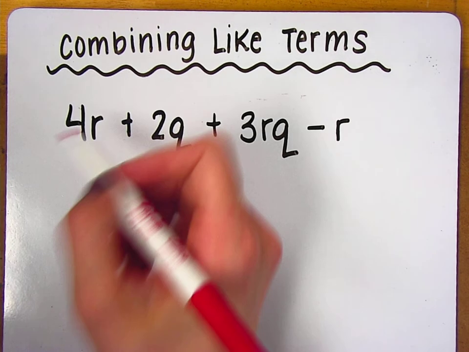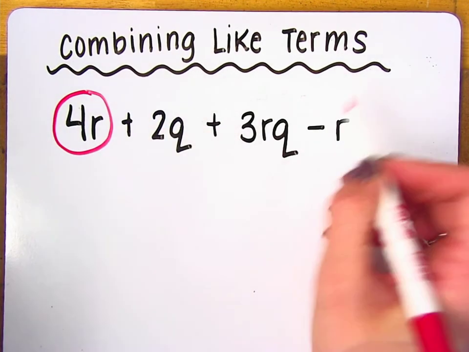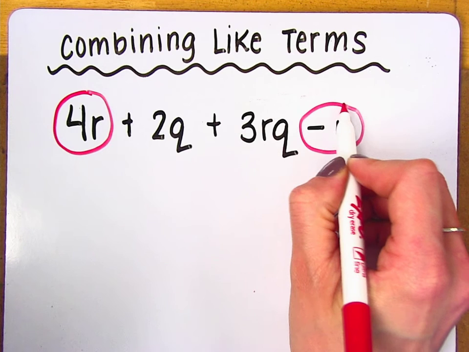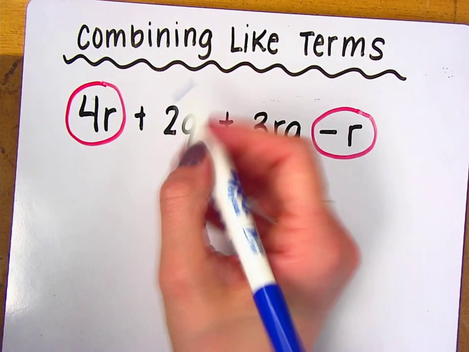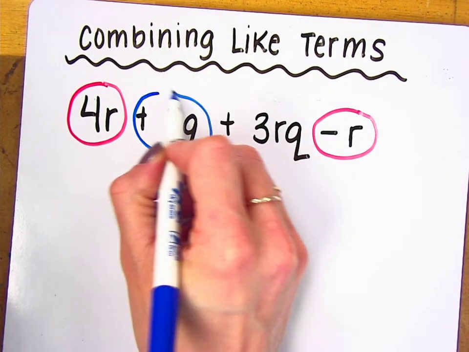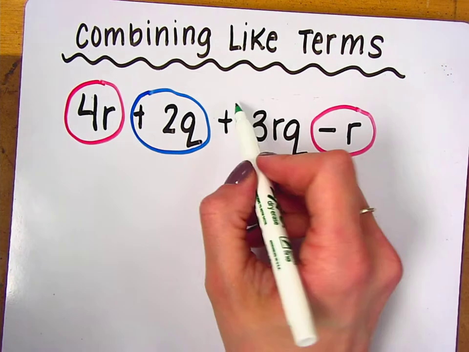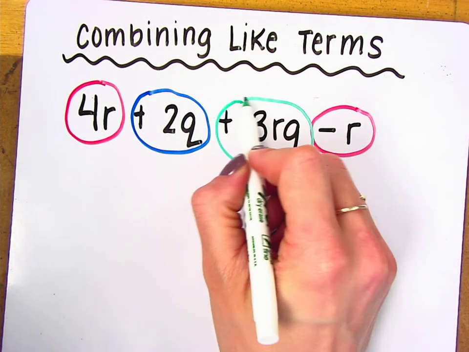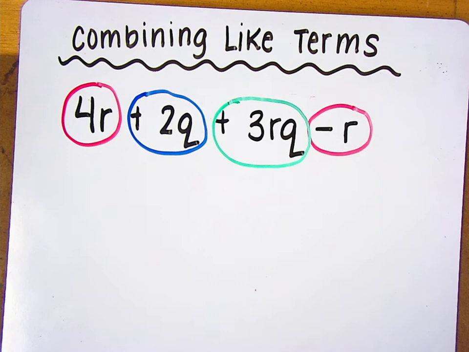In this case, our like terms would be 4r and negative r, and then 2q, and positive 3rq.